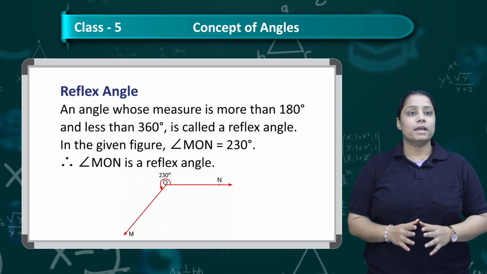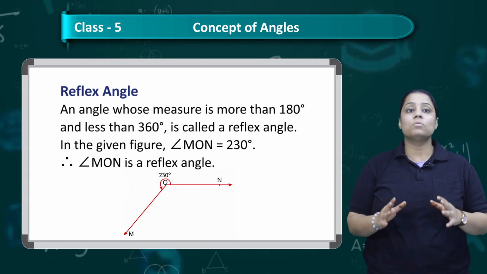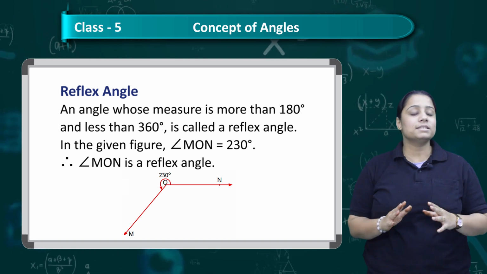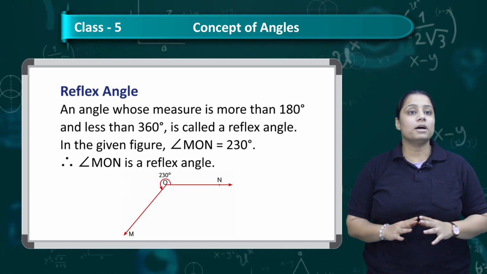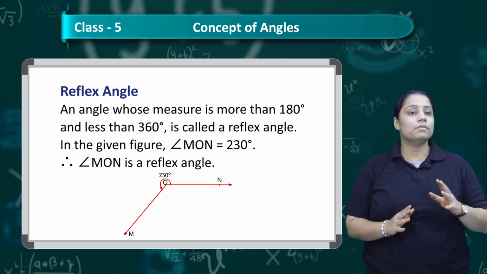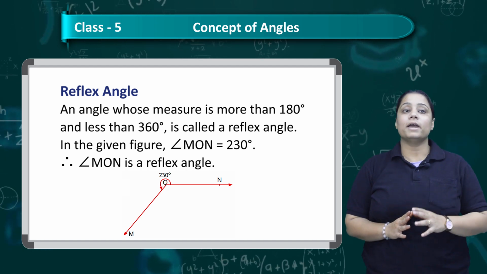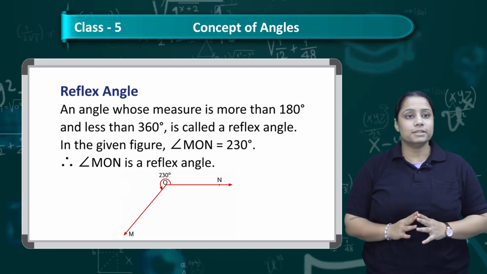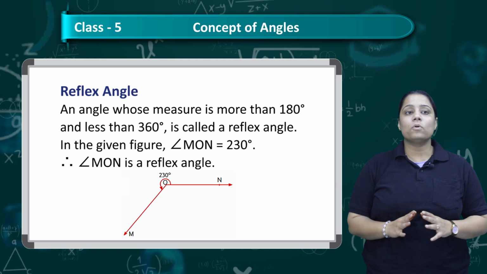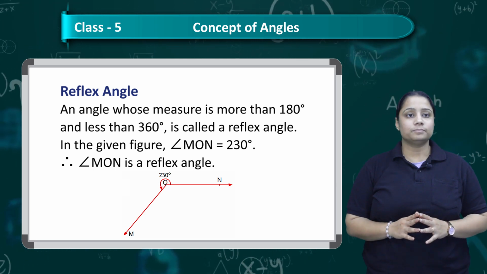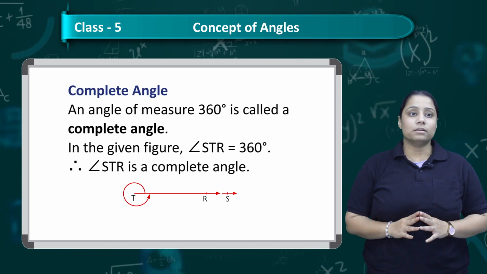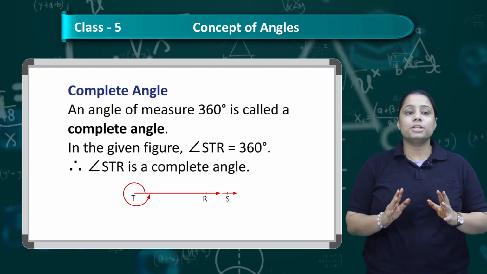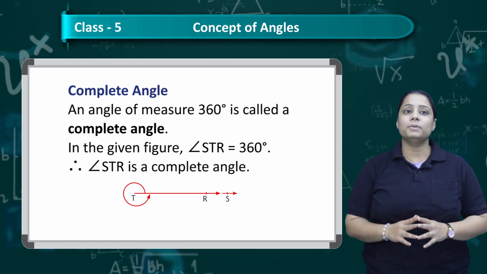Reflex angle. An angle whose measure is more than 180 degrees and less than 360 degrees is called a reflex angle. In the given figure, angle MON is equal to 230 degrees. Therefore, angle MON is a reflex angle. Complete angle. An angle of measure 360 degrees is called a complete angle.